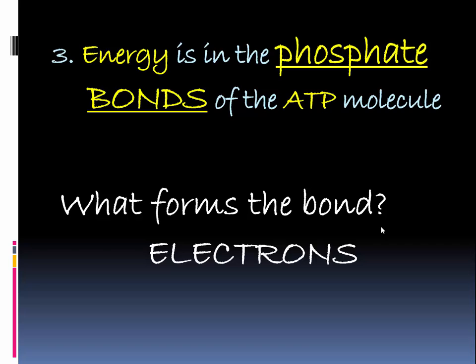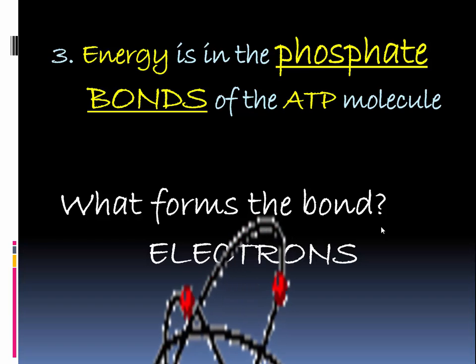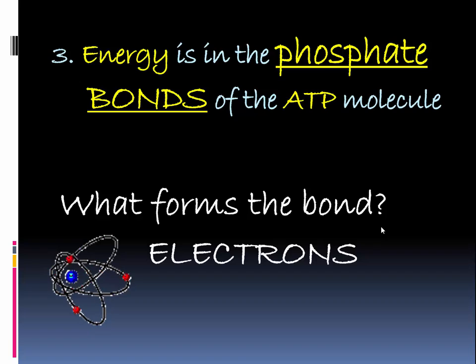I'm sure you've heard of electrons before. You'll talk more about them in chemistry class, but electrons do form bonds between molecules, between compounds, between elements. And those little red things whipping around the nucleus there are supposed to be showing you electrons.